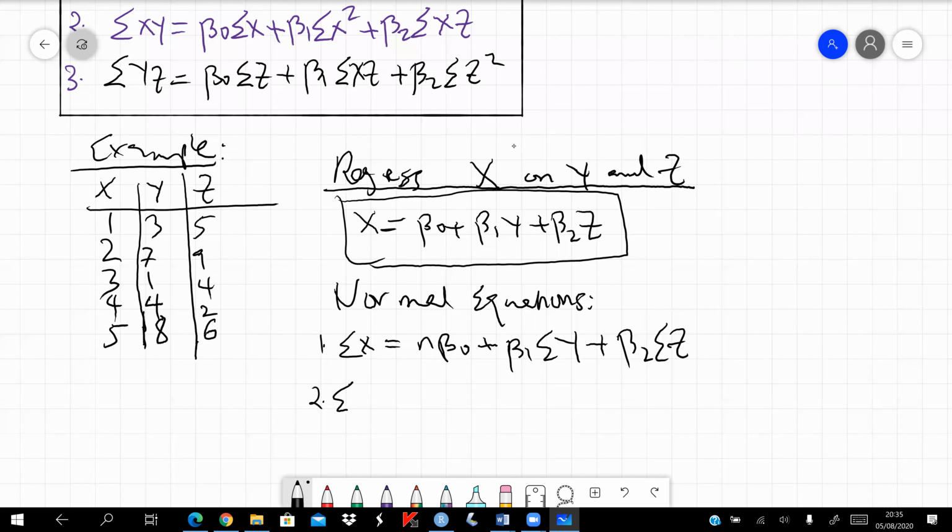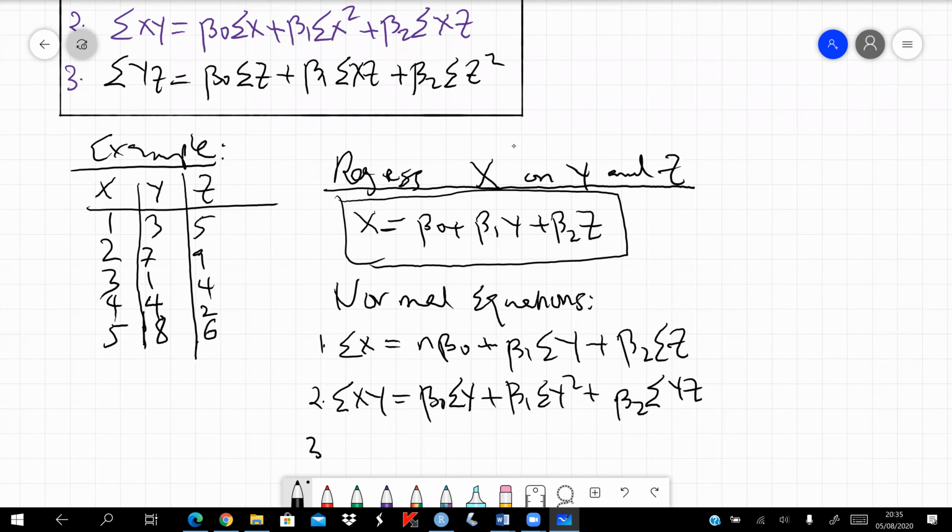So this would be summation of XY is equal to beta naught summation of Y plus beta 1 summation of Y squared plus beta 2 summation of YZ.